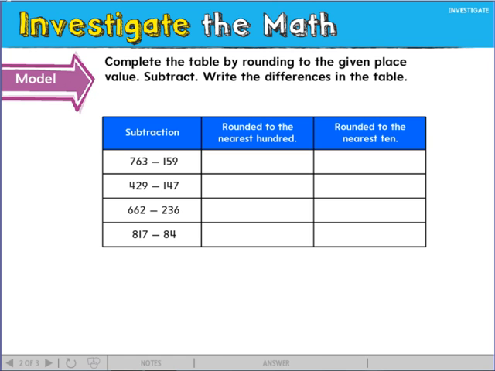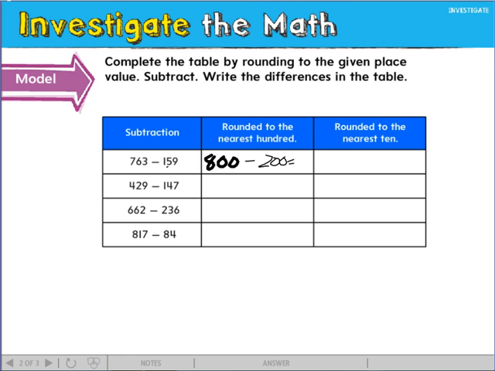All right, so we're going to complete these by rounding to, this says round to the nearest 100, so I'm going to round 763 to 800. And let's make this thing just a little bit smaller. And 800 minus 159, I'm looking at the 5, so that means it's going to be 200.